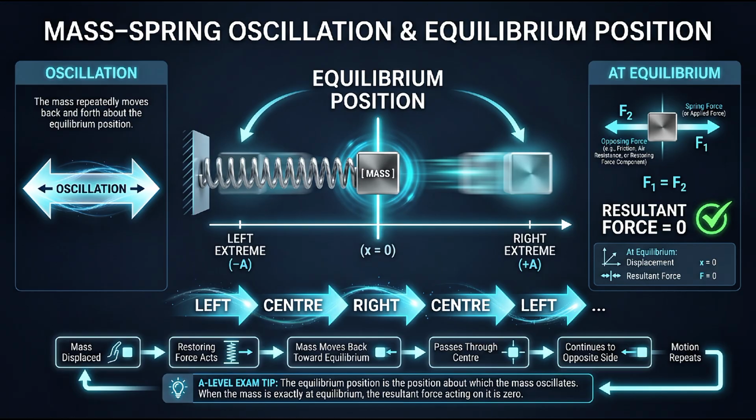At the extreme positions, the velocity becomes zero and the restoring effect is strongest. At equilibrium, the resultant force and acceleration are zero, while the velocity is maximum in ideal SHM. This continuous interaction between displacement, restoring force, acceleration, velocity, and equilibrium position produces the characteristic back-and-forth motion of a mass spring oscillator.